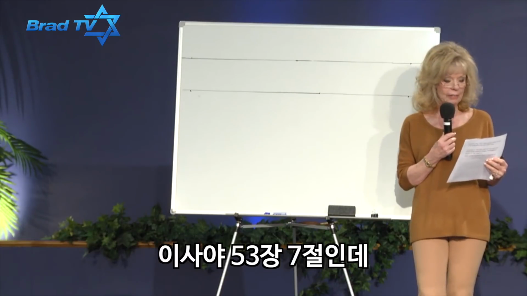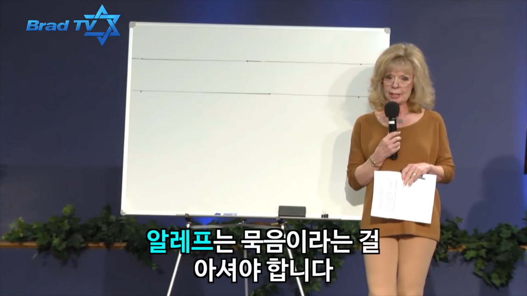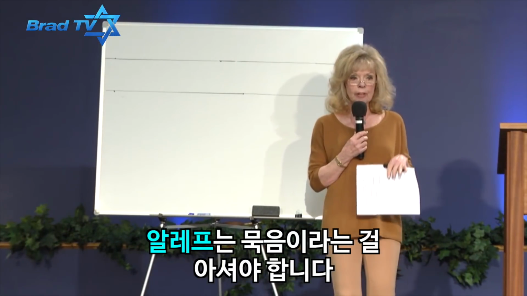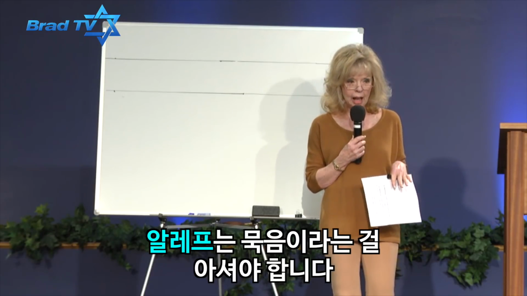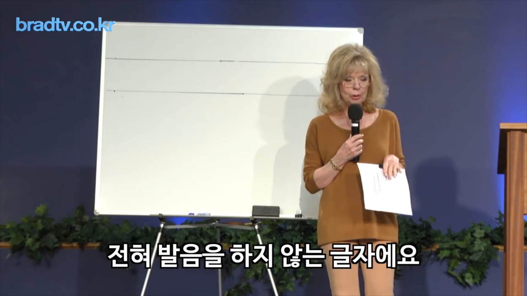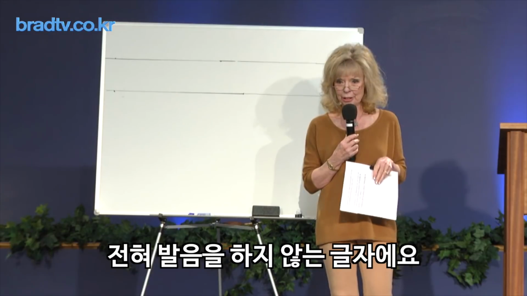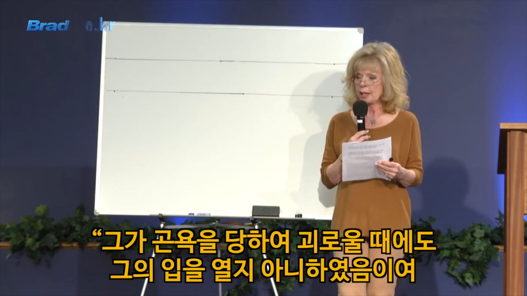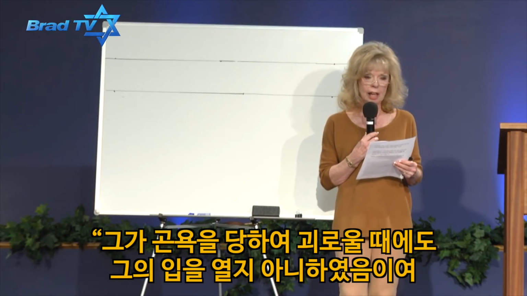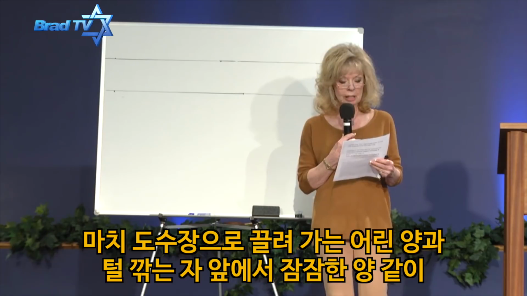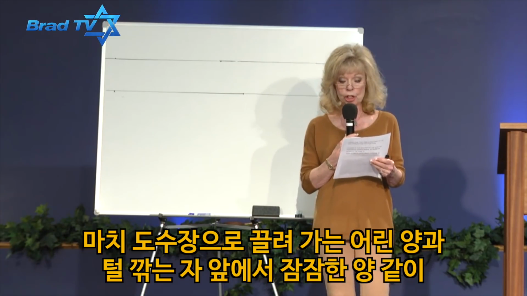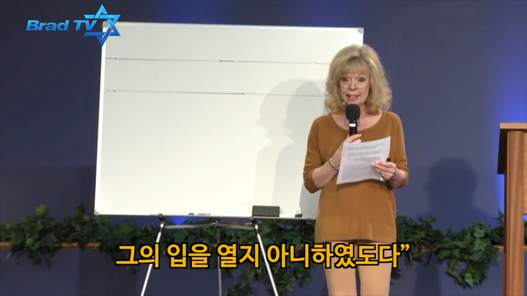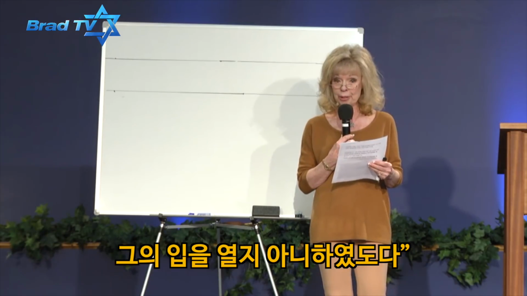Isaiah 53:7 says, and I'm going to go through these because Aleph makes no sound. It is a totally silent letter. So here we go. Isaiah 53:7. He was oppressed and afflicted, yet he did not open his mouth. He was led like a lamb to the slaughter, and as a sheep before his shearers is silent, so he did not open his mouth.